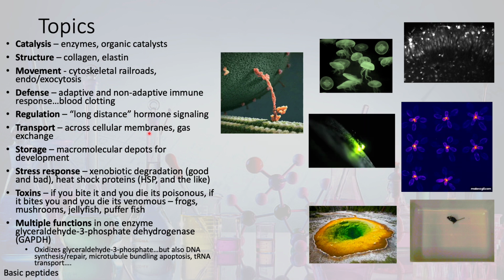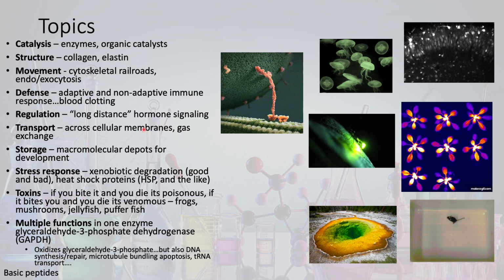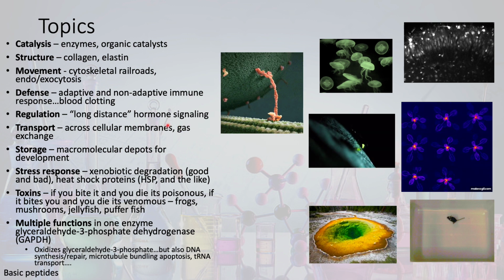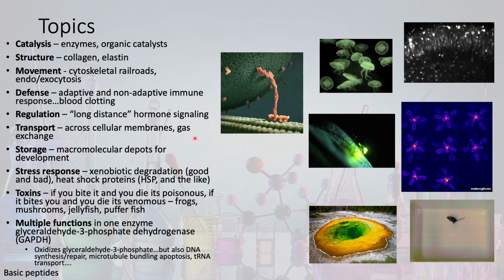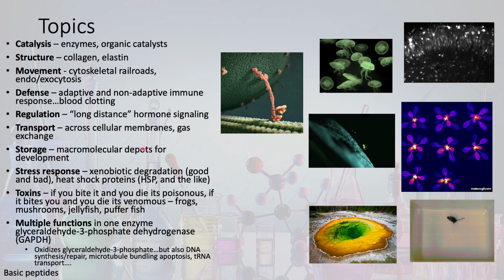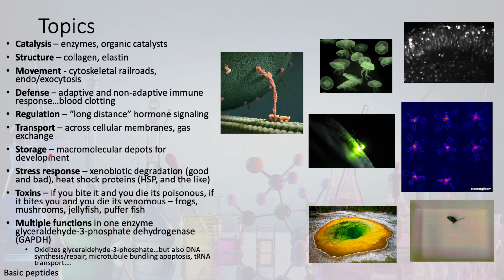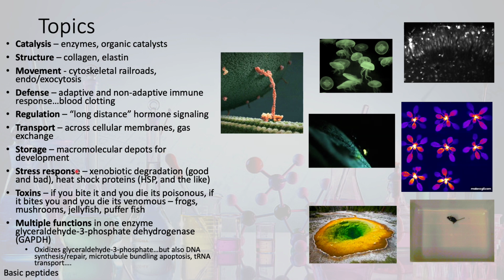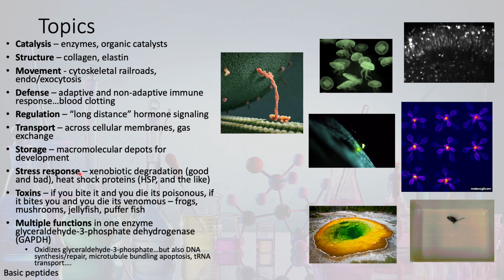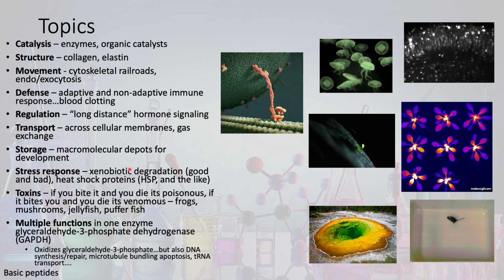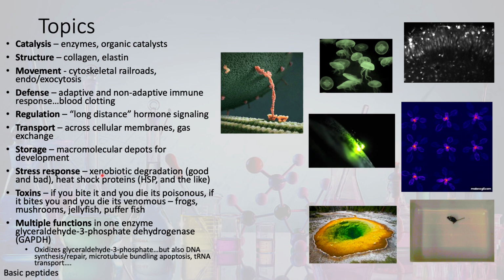Across cellular membranes, just moving ions across the cellular membrane sometimes requires a specialized protein, or moving oxygen through our blood systems, right? Hemoglobin is responsible for doing that, and so in this case it helps with gas exchange and gas transport. Some proteins are involved in storage, so macromolecular depots for development. Other proteins still are involved in the stress response, right? So xenobiotic degradation, so both good and bad. This is breaking down of foreign substances in your body, like drugs or bacterial infections and stuff.